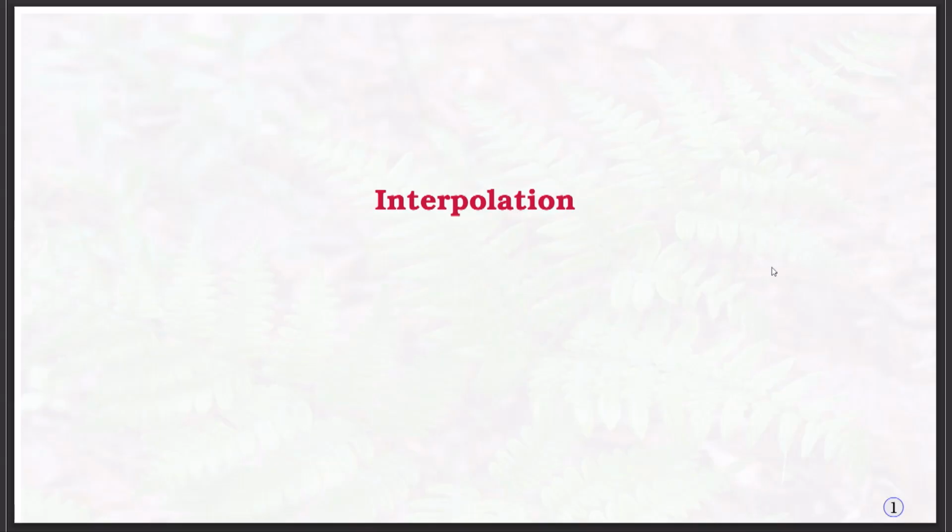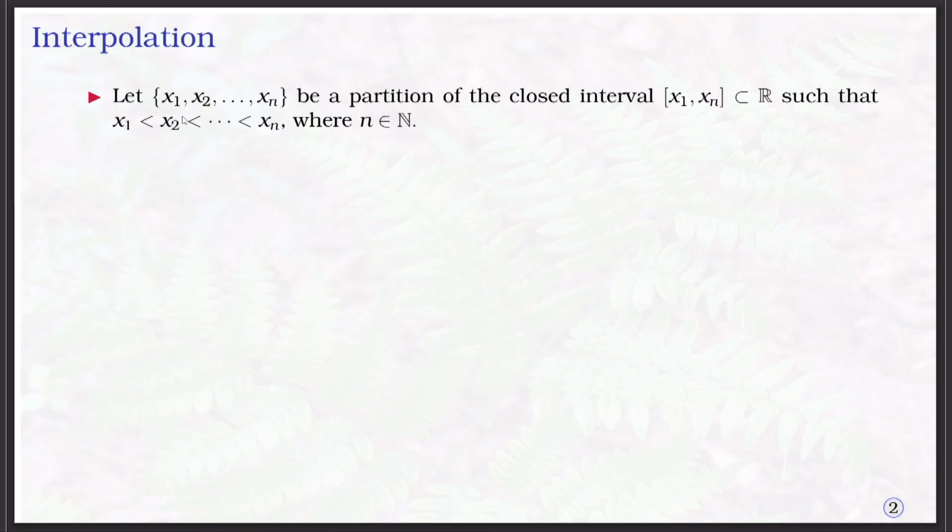We will begin this lecture by defining interpolation in the classical sense. Let x1, x2, ..., xn be a partition of the closed interval [x1, xn], which is a subset of the real numbers R. That means, if we have the closed and compact interval x1 to xn, then these points x1, x2, ..., xn partition the given interval.